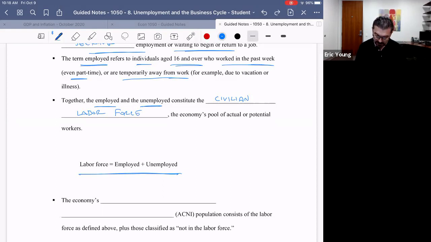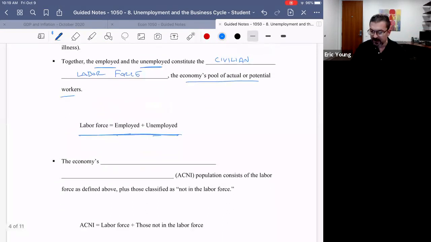So the civilian labor force equals employed plus unemployed. You can think of the civilian labor force as the economy's pool of either actual or potential workers. What does the economy have available, either actually working or potentially working, for its labor market? That's the civilian labor force.